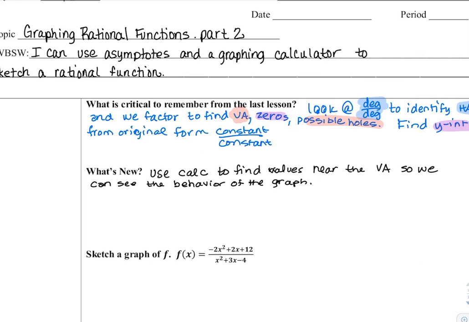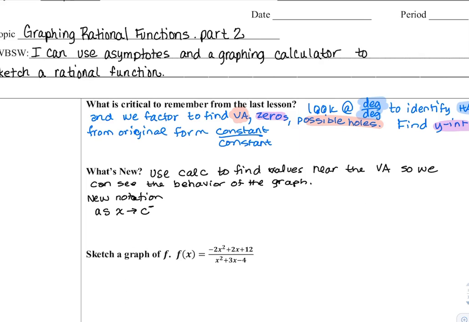Okay, and then the other thing that we want to look at today is some new notation. If you see this notation, as x approaches some constant c, an asymptote, from the left, you'll see a minus sign following the number.